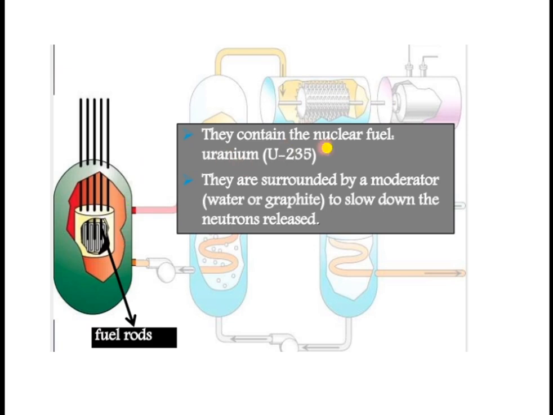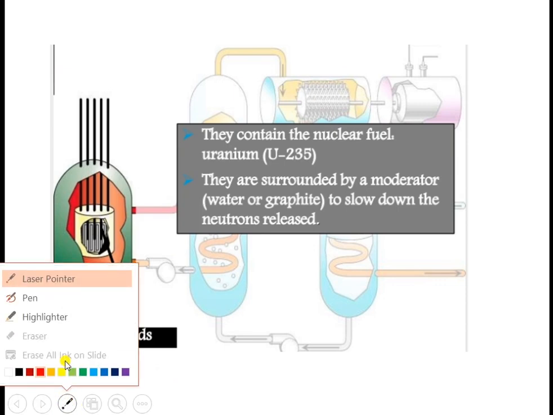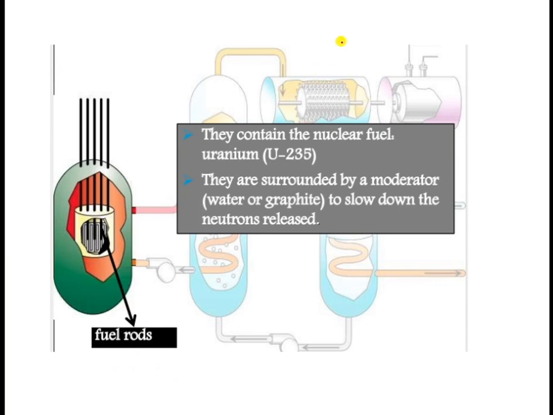Again from one neutron, further neutrons are formed, and that can be shown in this way. This is the nuclear chain. From this one, two neutrons are liberated, again this liberates more neutrons, and like this the chain goes on increasing.